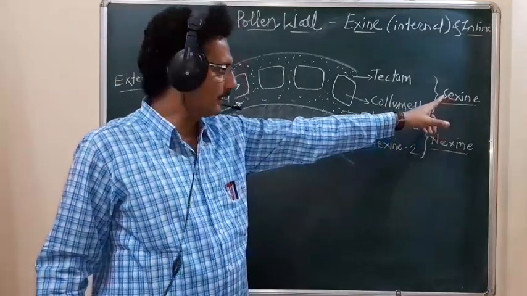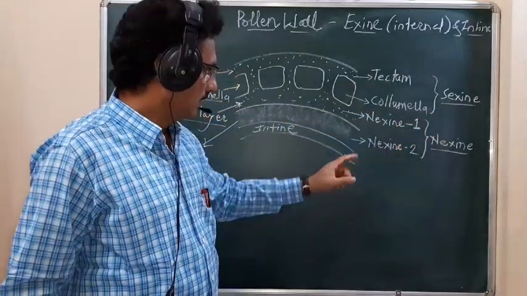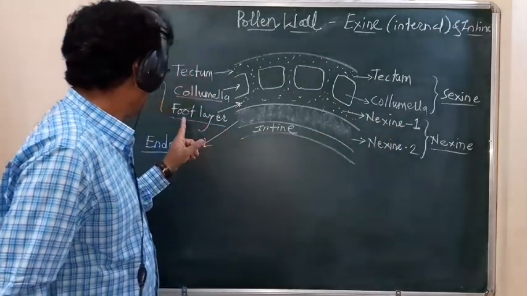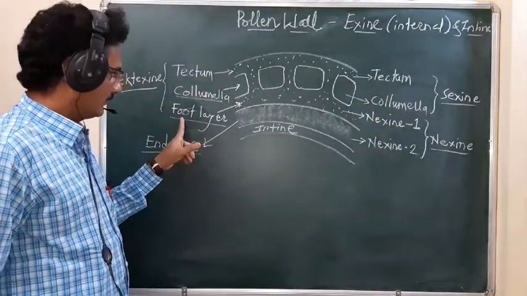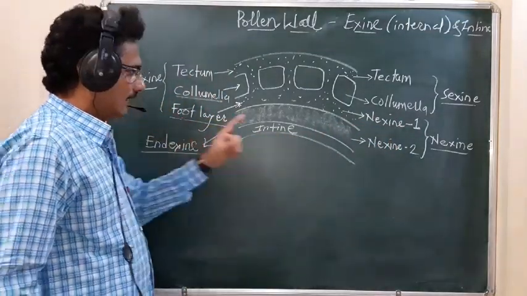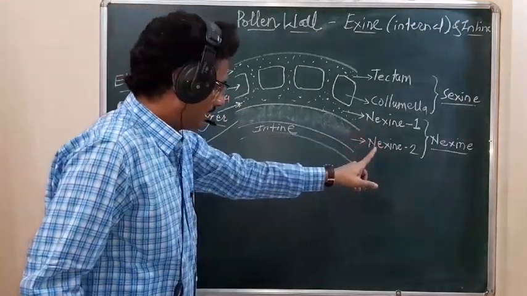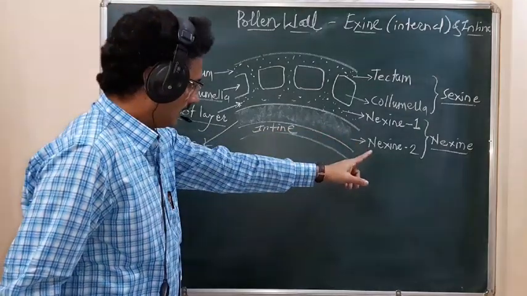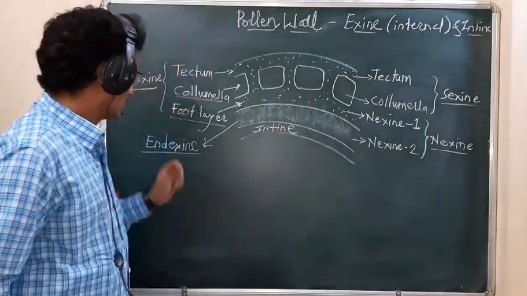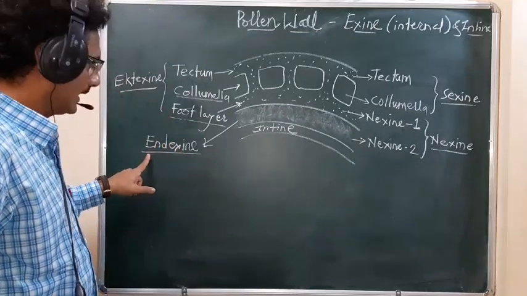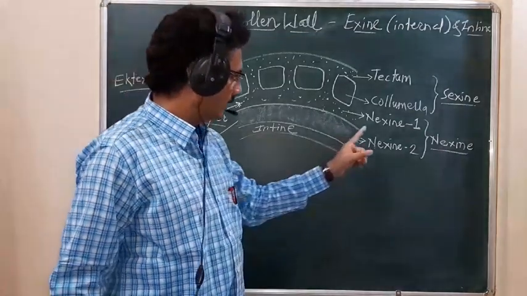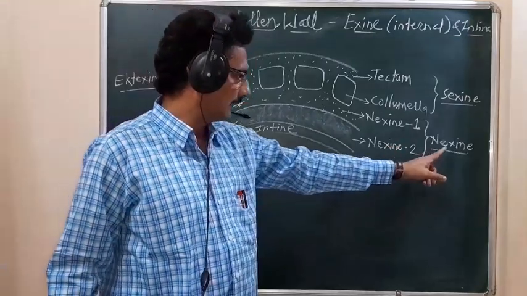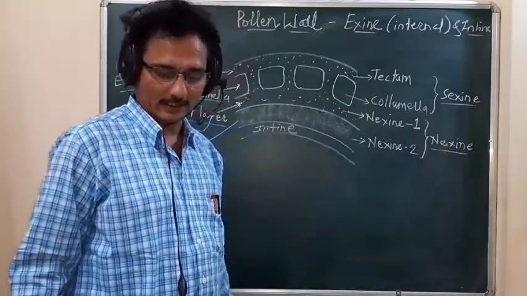The nexine one means the foot layer of the ectexine, and the endexine means nexine two. So the foot layer and endexine, nexine 1 and nexine 2, together are called the nexine.